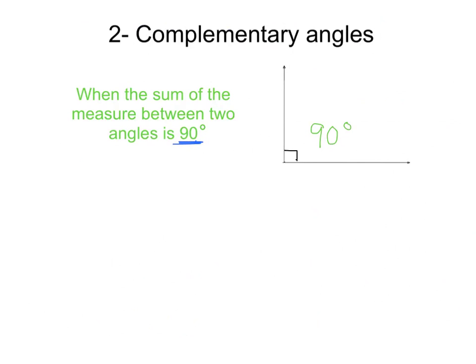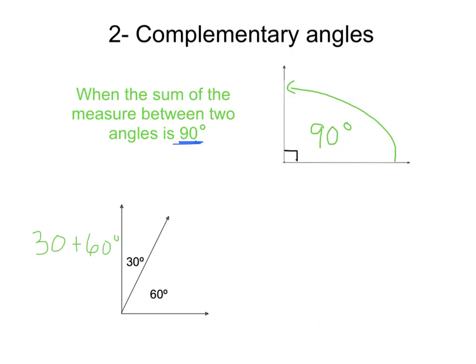So if I started right at this point and opened up all the way to the left, I opened up a total of 90 degrees. Now, if we look at our examples over here, we can see that we have 2 different angles, 30 and 60, and if we added those together, we would get 90 degrees, so we know that these both are complementary.